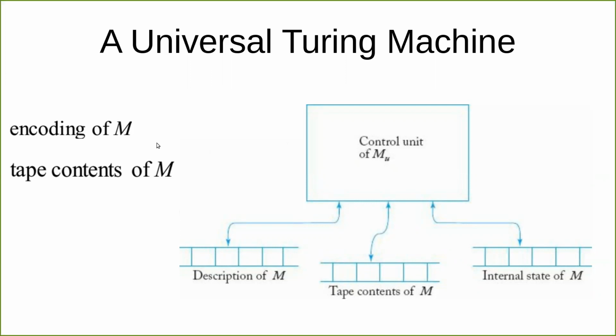How could we encode a Turing machine? Let's say, how could we define a Turing machine? A Turing machine has some states, some transition functions, some symbols, and likewise. So if we encode each and every symbol, and if we encode states and the input symbols, then how could we encode the whole machine?